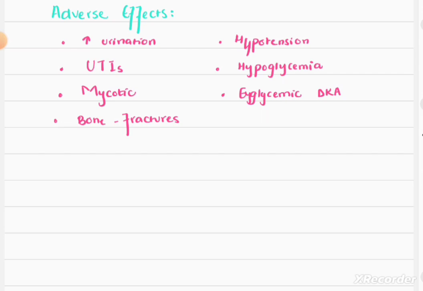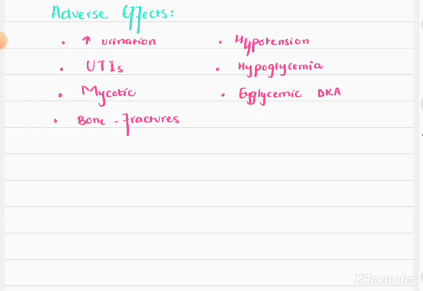It is also suggested to ensure a euvolemic status in the patient because it has a diuretic effect. It will cause increased excretion of water from the body, so it can result in hypovolemia. So we must ensure that the patient is euvolemic before starting the SGLT2 inhibitors.